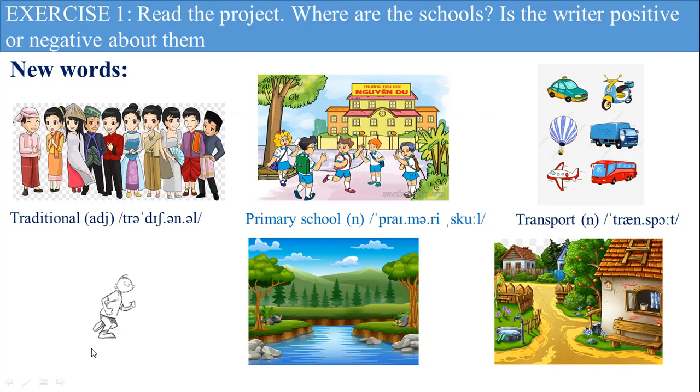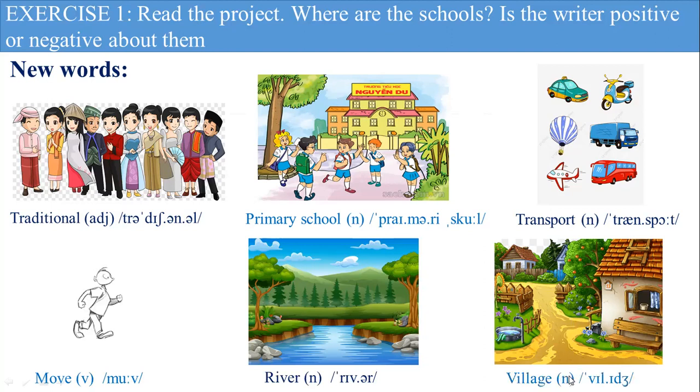Now, the boy is moving. Move. Yes, moving. Now, picture 5 is a picture of a river. River. Okay. And picture 6 is a picture of a village. Village. Okay. Now, copy that, please.